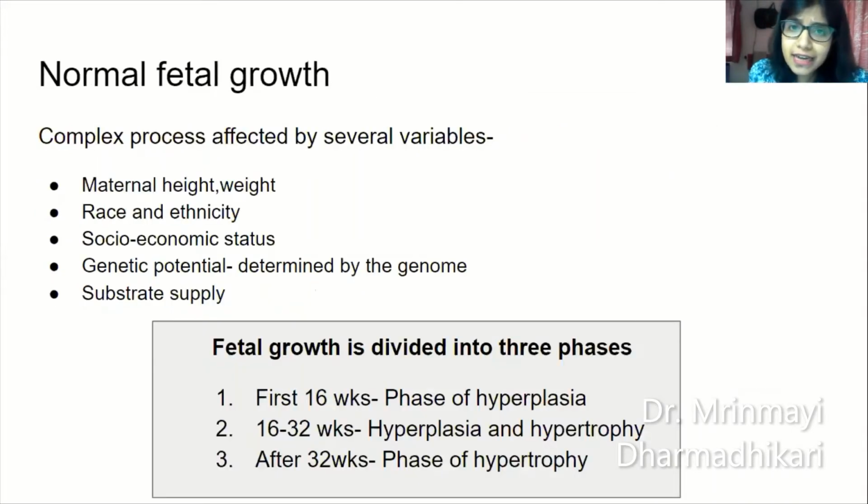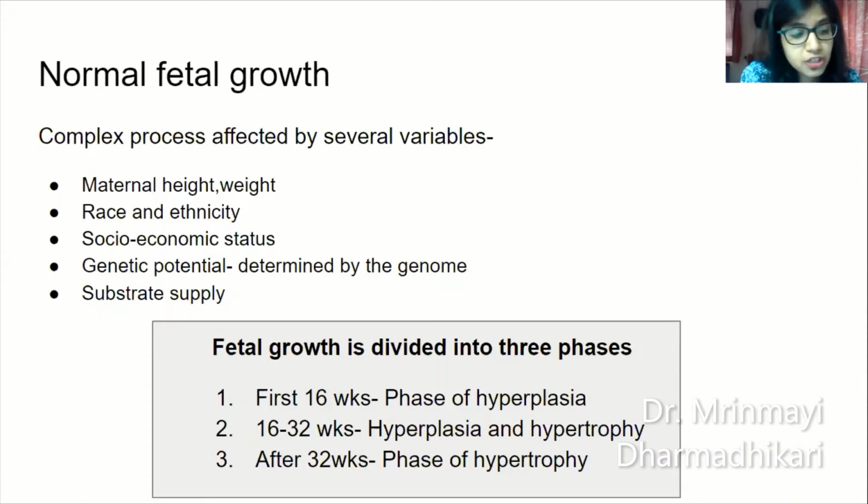Before understanding the processes involved in intrauterine growth restriction, let us find out what normal fetal growth looks like and what the factors affecting it are. Normal fetal growth is a complex process affected by several variables. This includes maternal height, maternal weight, race, ethnicity, socioeconomic status, and genetic potential.